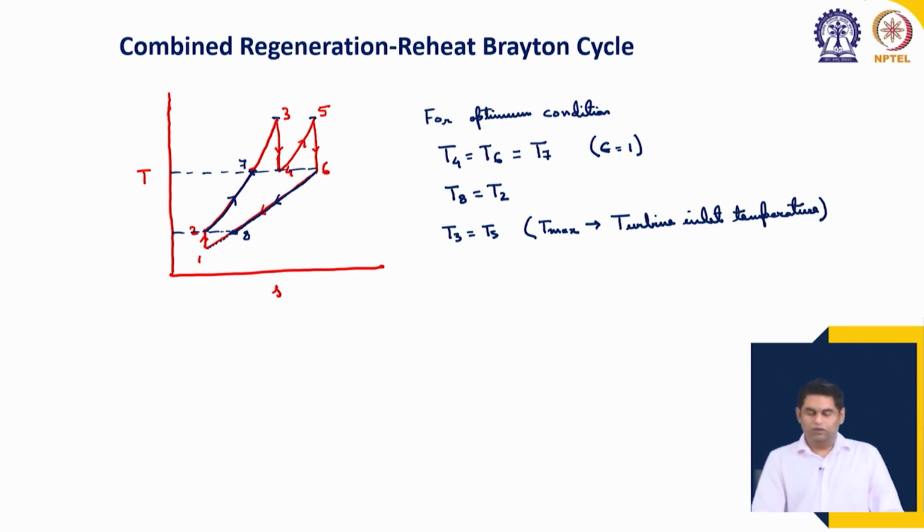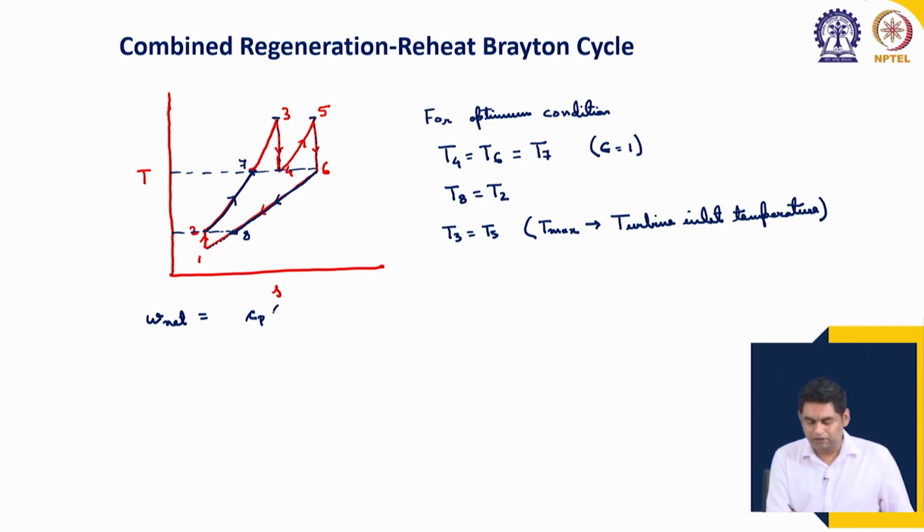Now the analysis is similar to all the previous cases. In this case we start with the net specific work output. This has two components as we know already, one is the high pressure turbine expansion, another is the low pressure turbine expansion, and then we have to subtract the compressor work, the work required for running the compressor.